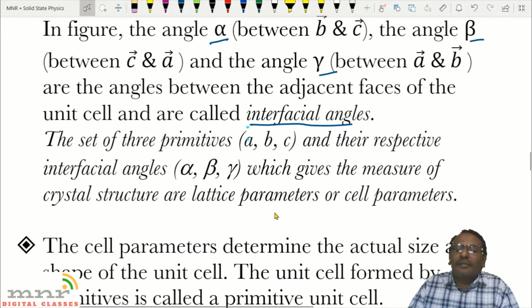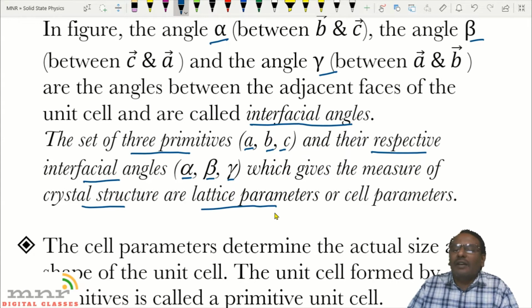The set of three primitives a, b, c and their respective interfacial angles alpha, beta, gamma, which gives the measure of crystal structure, are called the lattice parameters or cell parameters. So, in order to understand the structure of a crystal, we need to specify three primitives and three interfacial angles.